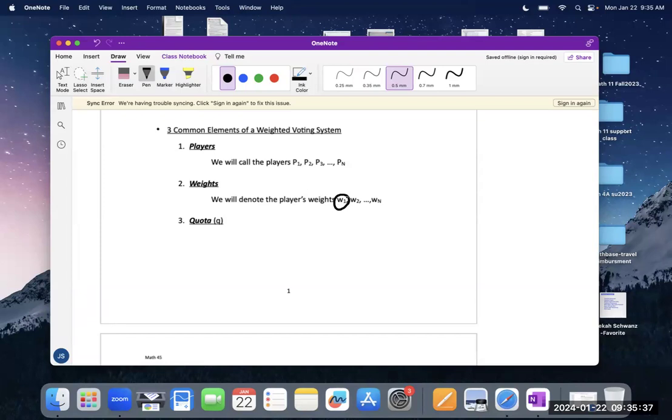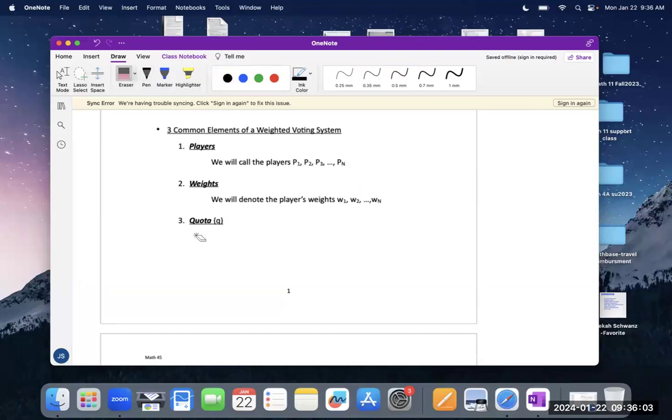No, instead of using another letter like X, we're calling it W2, W subscript 2. So it's just another way of coming up with a different variable. Instead of coming up with a different letter, we just say W sub 1, then W sub 2, but that's just naming the variable, okay?